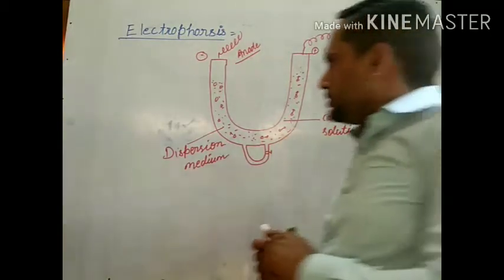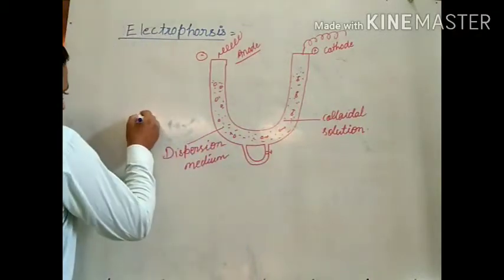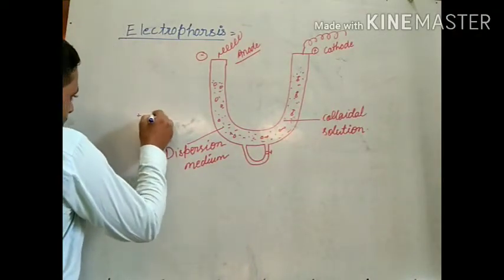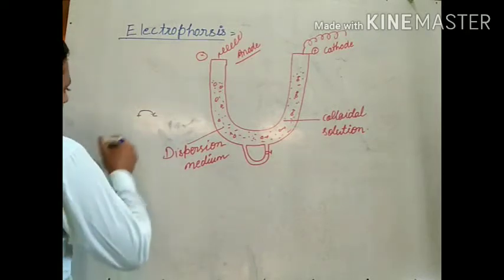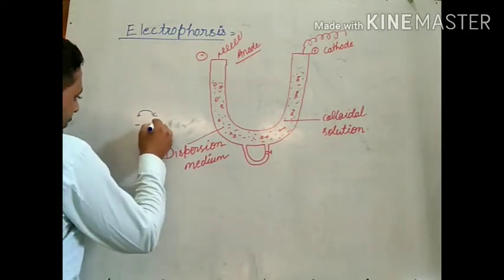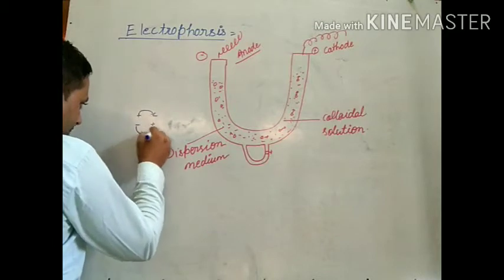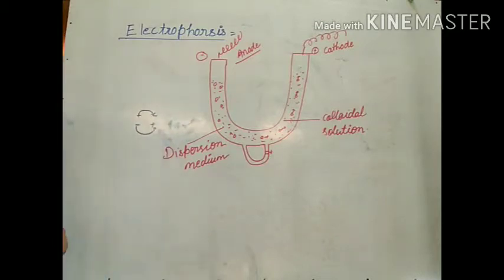Positive colloid moves to the negative electrode and negative colloid moves to the positive electrode. By this, it coagulates the colloidal solution.